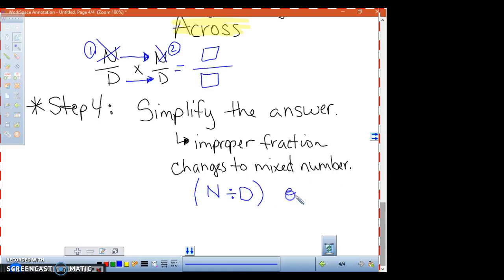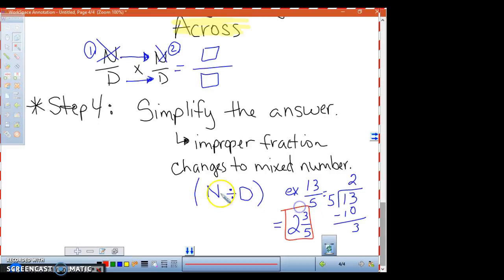Your example was 13/5. So we're going to take 13 divided by 5. We're going to get 2 with 3 remaining. So our answer is going to be 2 and 3/5. So numerator divided by the denominator. This is simplifying.